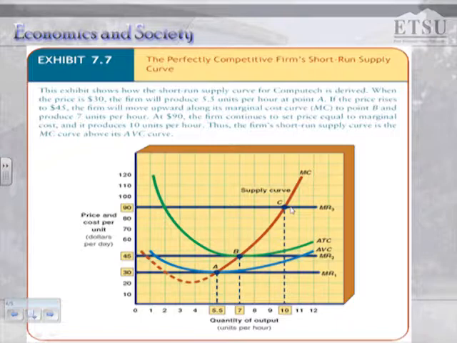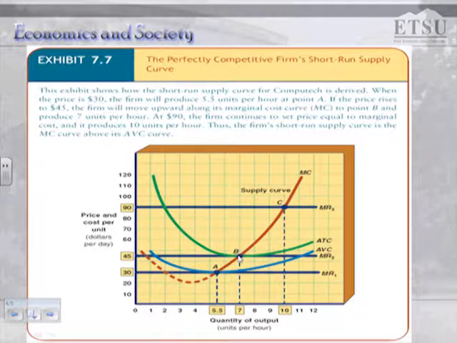If many firms enter this market, then it's going to push the market price downward. So if the price began at $90, new firms would enter, the supply curve would shift to the right, pushing the market price down until it got to a price of $45, where the firms would be earning a profit of zero, or what we call a normal profit.